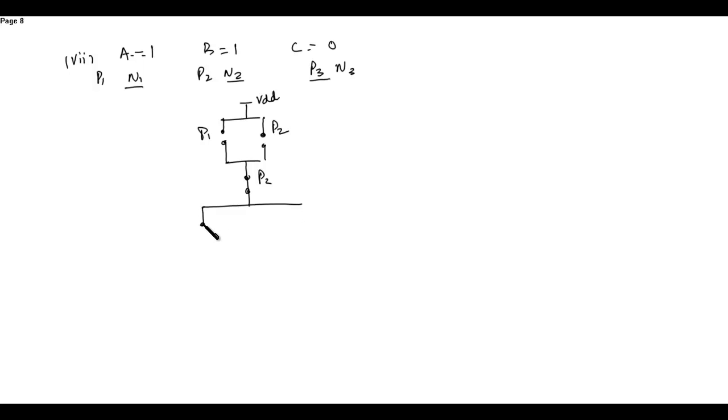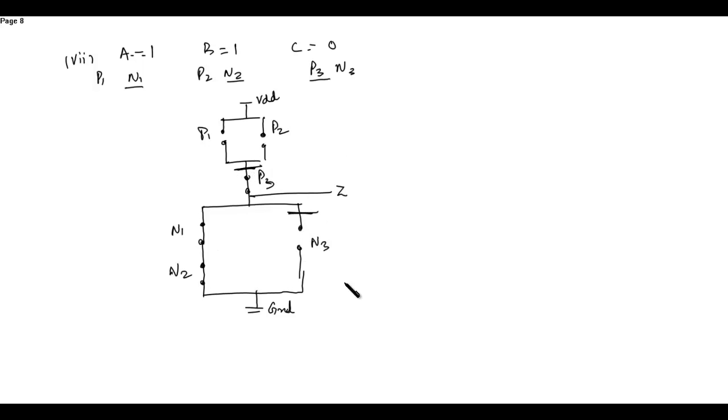N1 is short circuit, N2 is short circuit, N3 is open circuit. So this is ground. This is N1, N2 and N3. So here these two are open, this is short. So even though P3 is on, there is already a blockage over here.